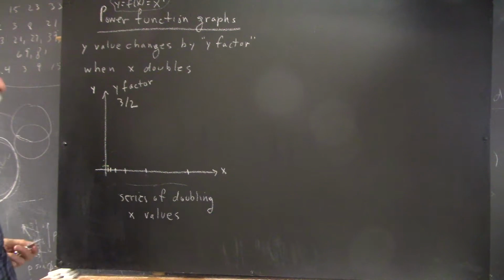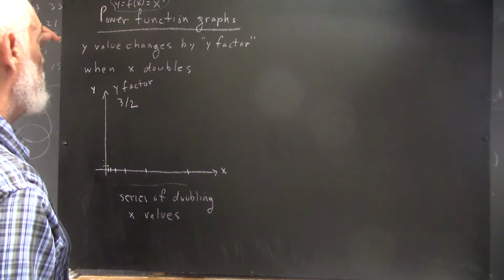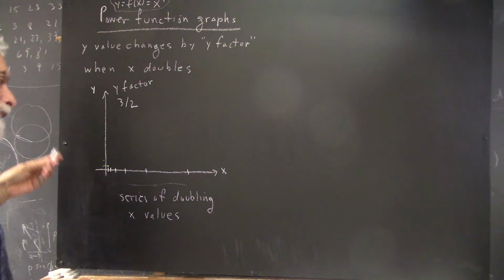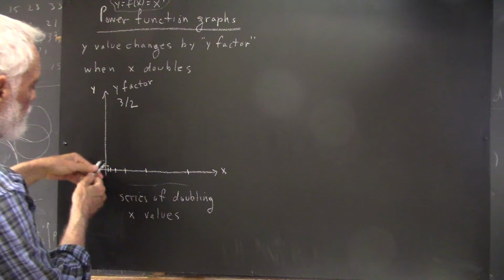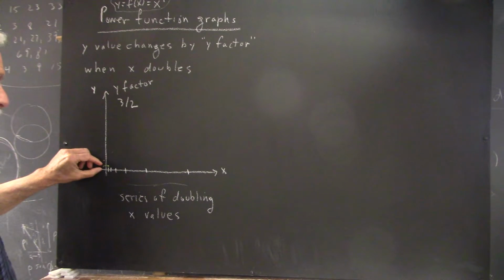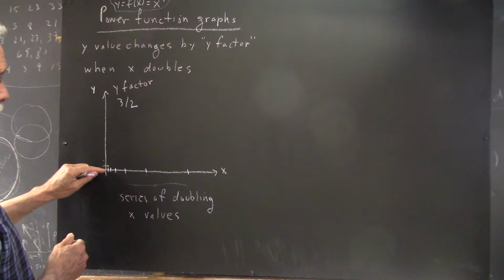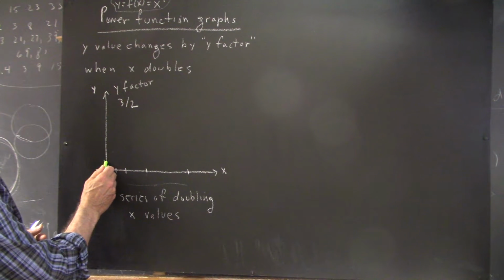Well, I don't want to double the y value. I want to change the y value by factor 3/2. So I started to double the y value. That was a little ignorant, but I can construct, if this y value is big enough, the bisector of the segment between here and here. The doubled y value would be up here.